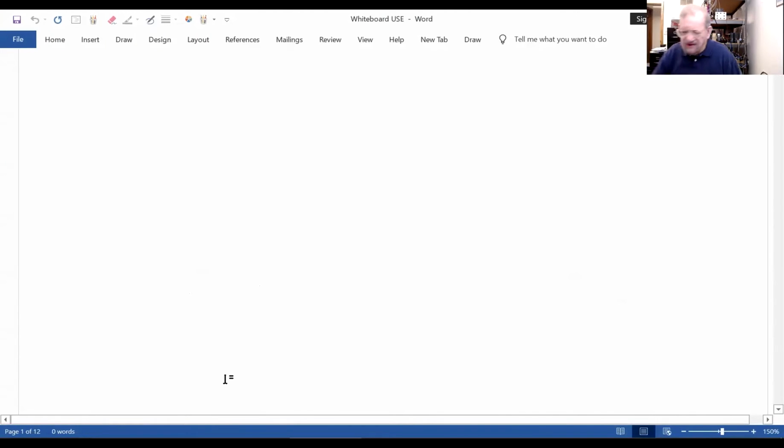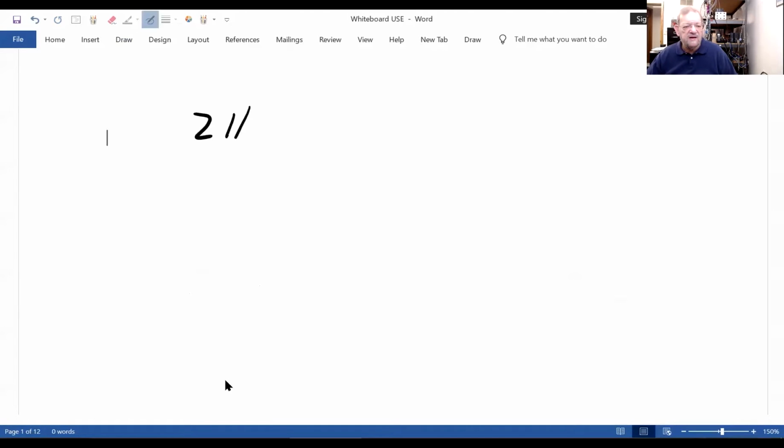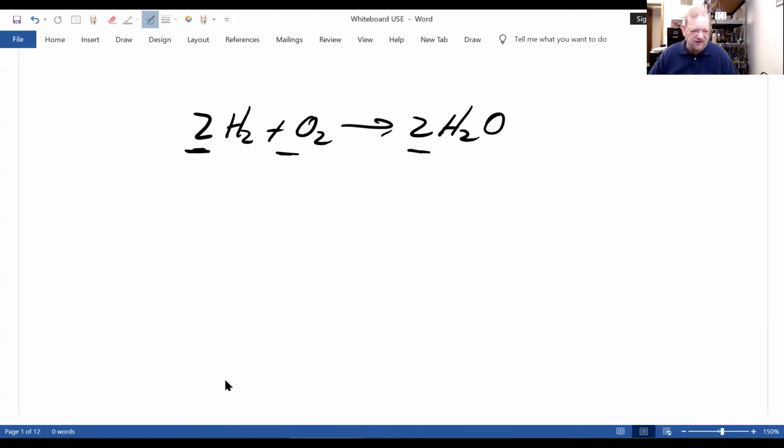And let's just do a little review. And make sure I don't make any mistakes like I did the other day, forgetting this too. Now, here we have a balanced chemical equation. And for the balanced chemical equation, the coefficients, the number in front, tell us molar relationships.